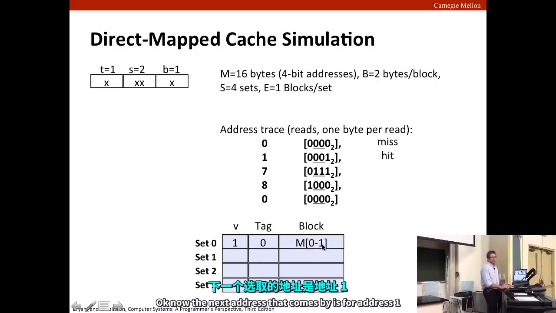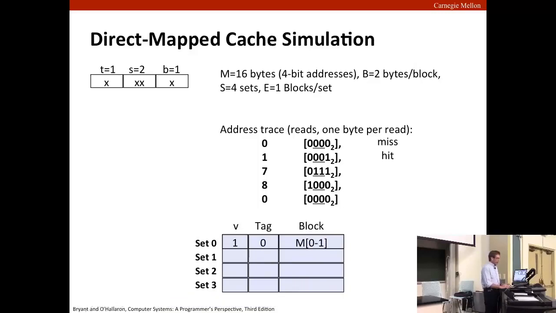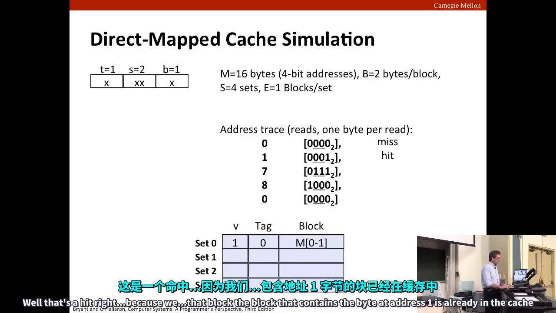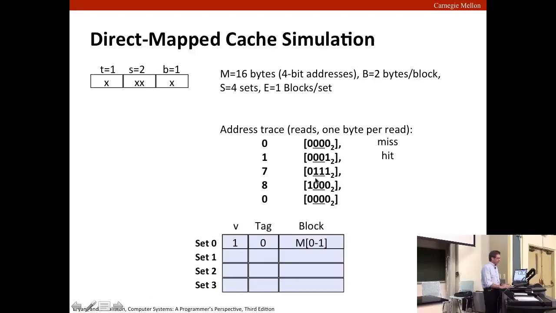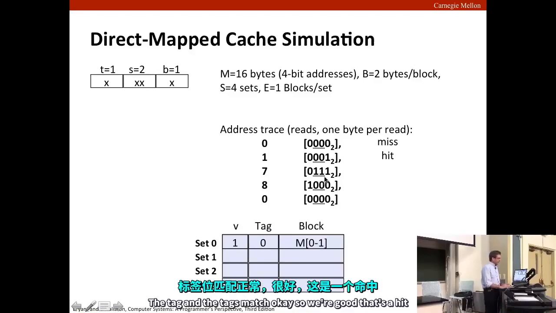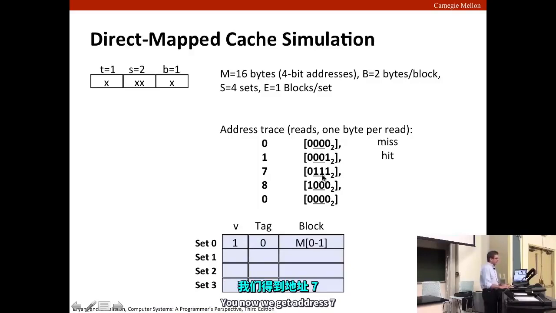Now the next address that comes by is address 1. Well, that's a hit, right? Because the block that contains the byte at address 1 is already in the cache. The tags match, so that's a hit. Now we get address 7.